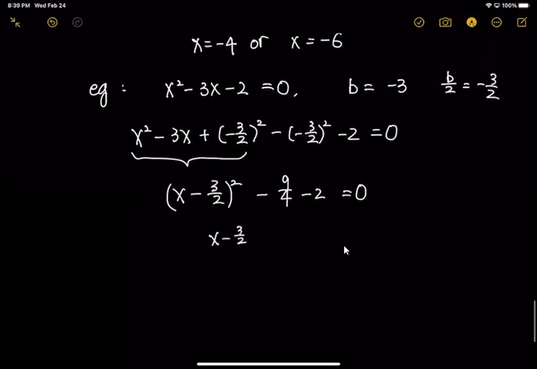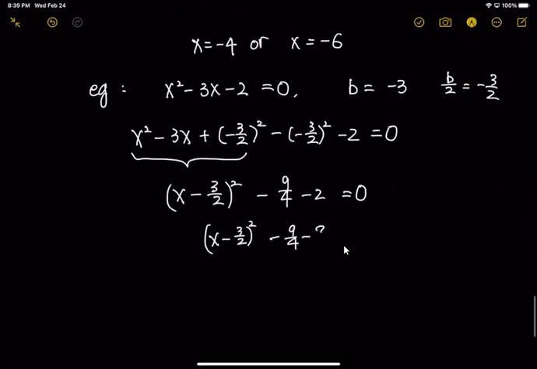Okay, so 2, you can write it as 8 over 4. So now they have a common denominator. So when you subtract it, it should equal -17 over 4.